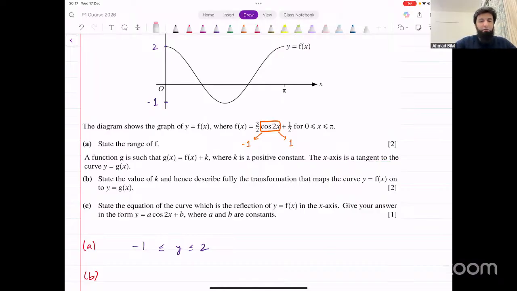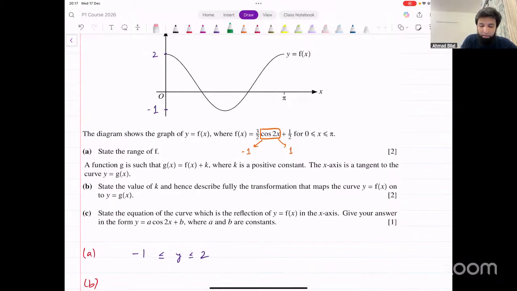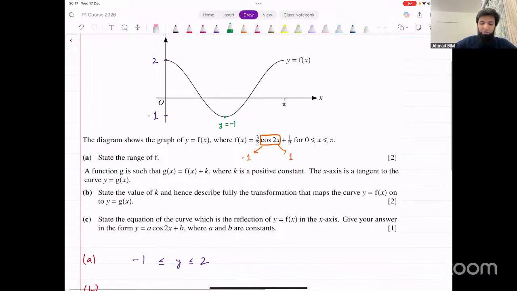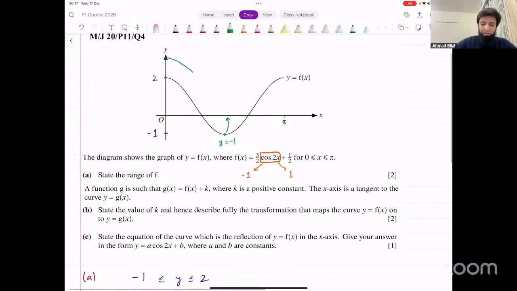Now, how much can you move this function in the upwards direction such that the x-axis becomes a tangent to the curve? Currently, this value is at y equal to -1. So if you take it 1 unit up, the graph is going to look like this. It will become a tangent at this point, right? Roughly like this. It's not a very good sketch, but you get the point.